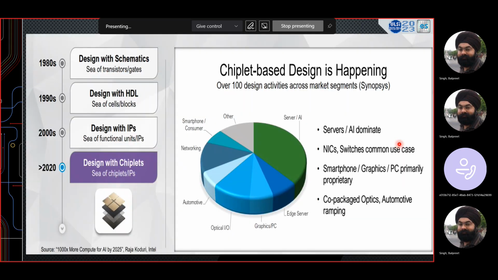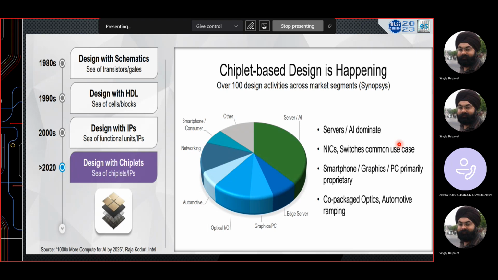Now let's look at how we have approached design in VLSI technology. In the 1980s, we all tried to write schematics and bring them into a design. In the 1990s, we started with HDL languages, Verilog and VHDL, to represent the design.